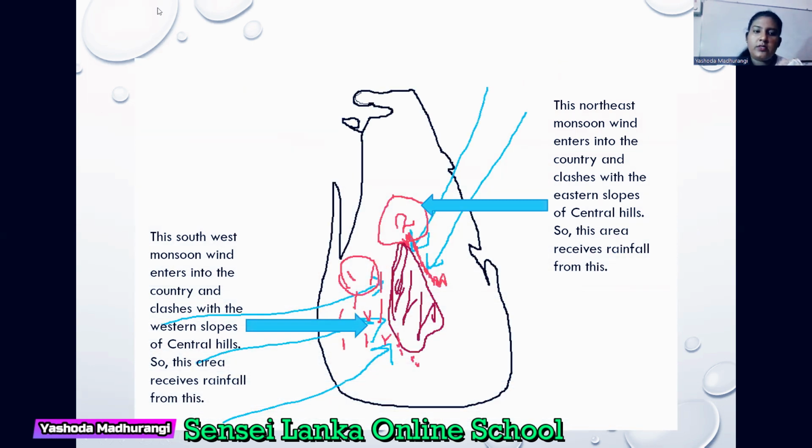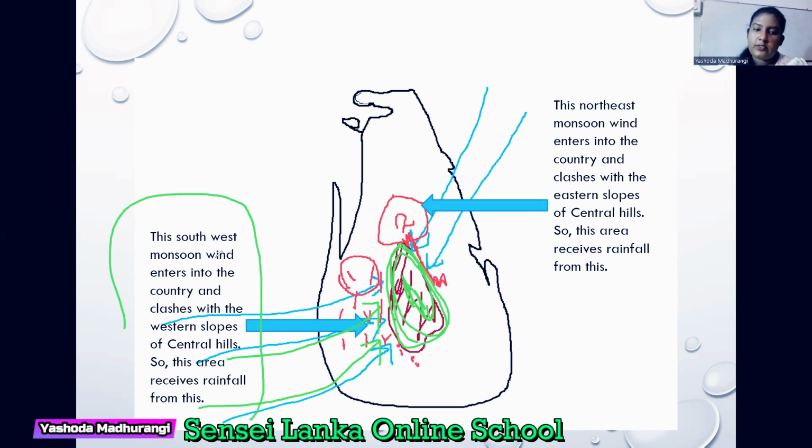This is how monsoon rain happens. In the middle of this map, can you see the Central Hills? It is a very high area. When this wind is coming, what happens? It clashes with the Central Hills. When it is clashing, rainfall begins. So look at this now.